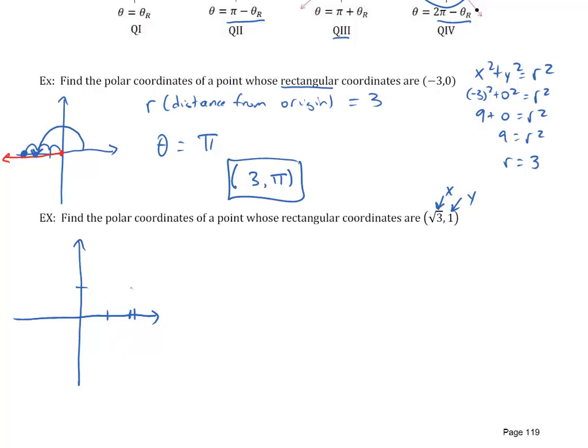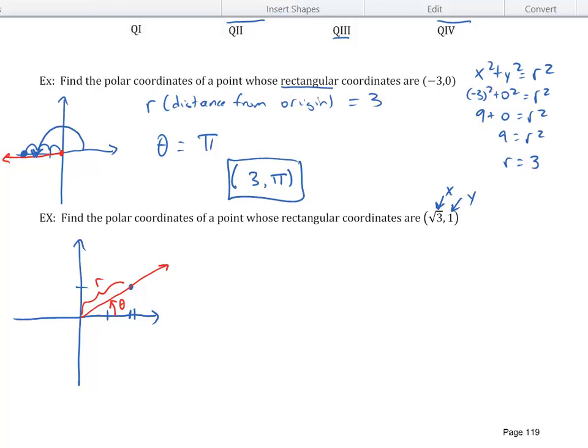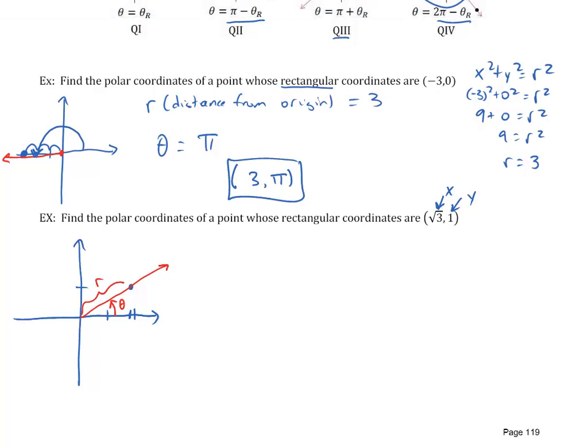And y is up 1, so we're right here. So I'm going to draw my ray through that point. I'm trying to find this theta and this r. So I know I'm in quadrant 1. That's going to be useful in my third step from the instructions above.